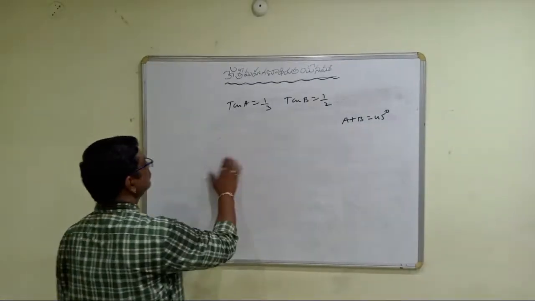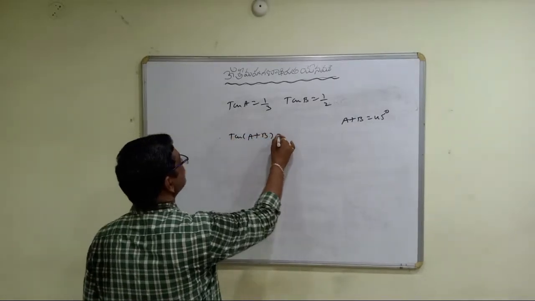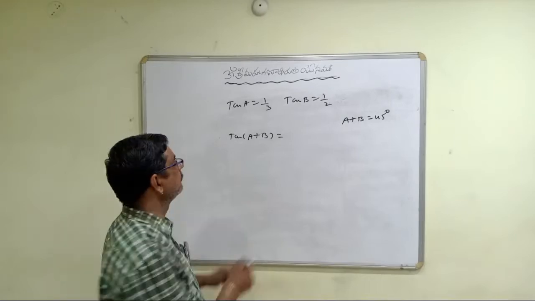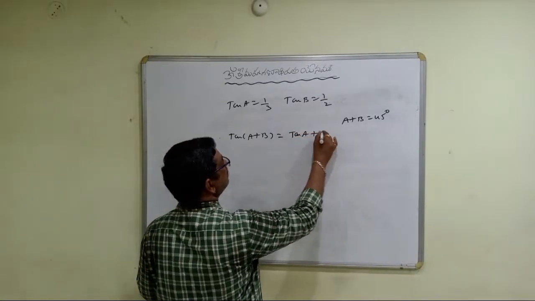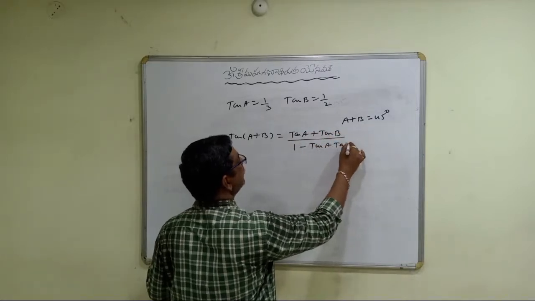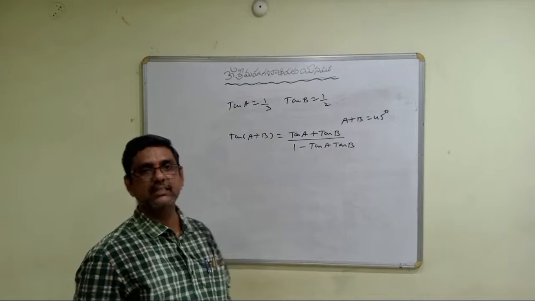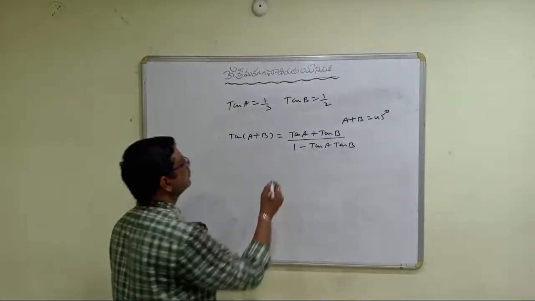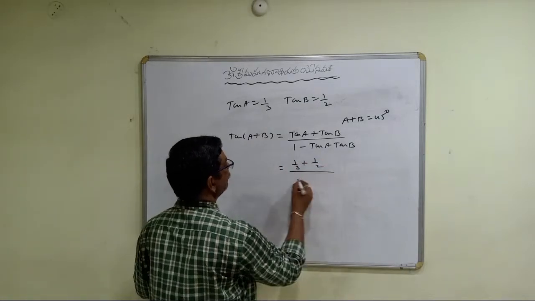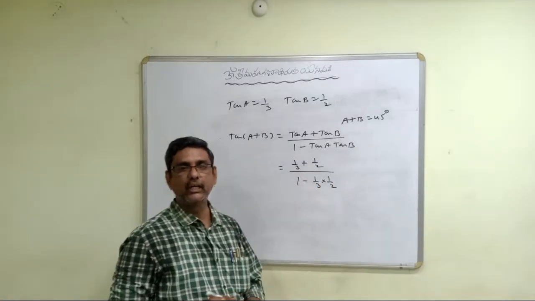I told you in the class there is a formula for tan A plus B: tan A plus tan B by 1 minus tan A tan B. Now substitute the values: 1 by 3 plus 1 by 2 by 1 minus 1 by 3 into 1 by 2.